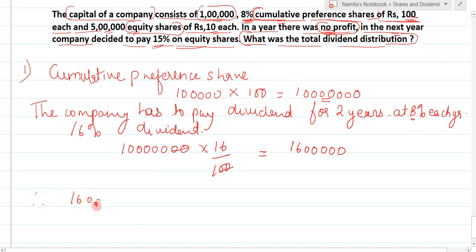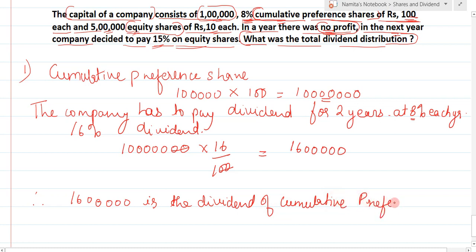Therefore 16 lakhs is the dividend of cumulative preference shares.